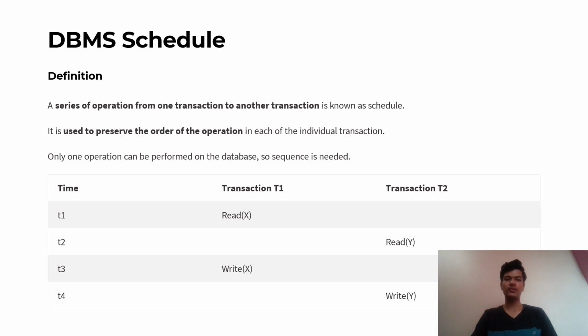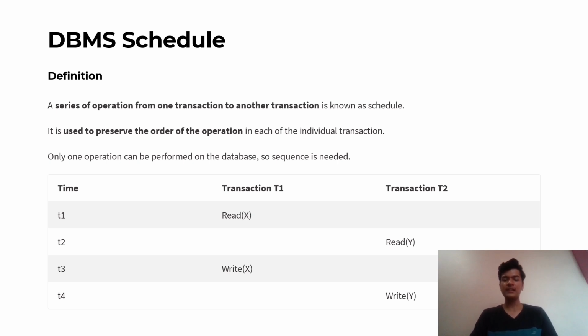Now talking about database management schedule. It is a series of operations from one transaction to another transaction. Like we have schedules for different activities, or we have schedules for flights, trains, buses. It is similar to that, instead of the buses, we have transactions.